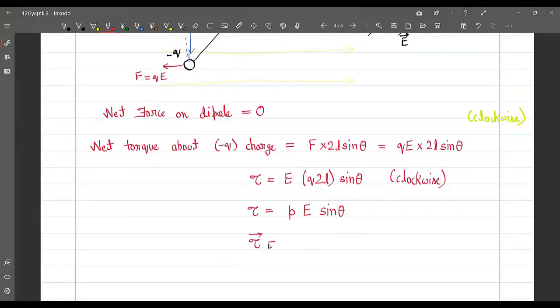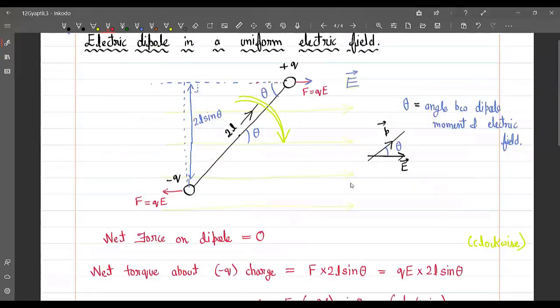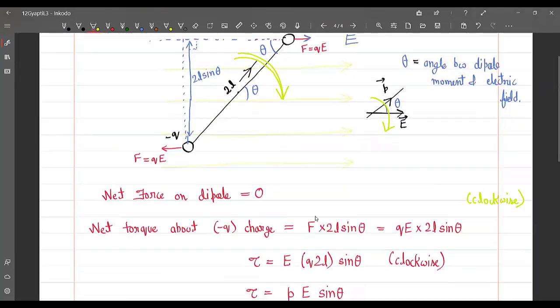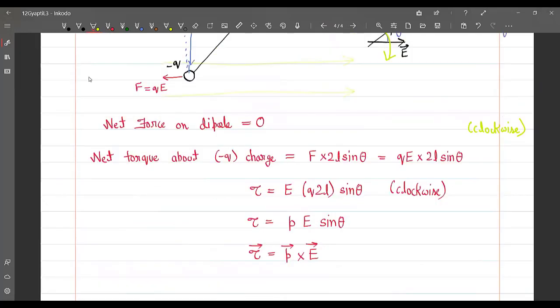Torque is a vector quantity. I can write this as P cross E. Why should I write P first and E later? Because it is P vector cross E vector that will give you the clockwise direction. If you do E vector cross P vector, it will give you anti-clockwise direction. So I should write here P cross E.